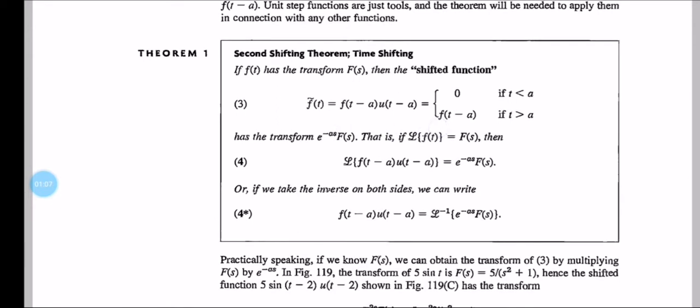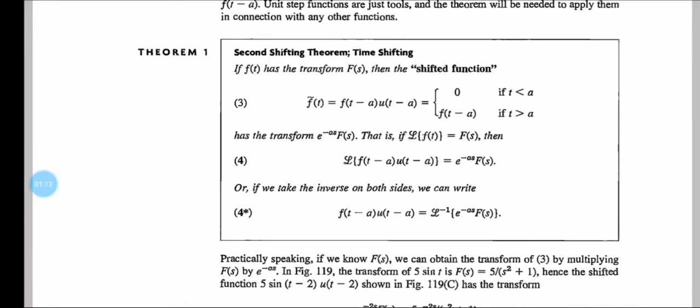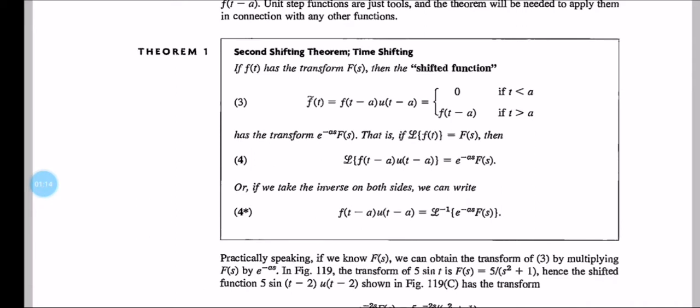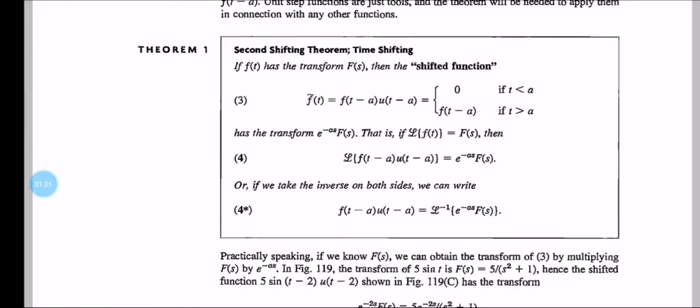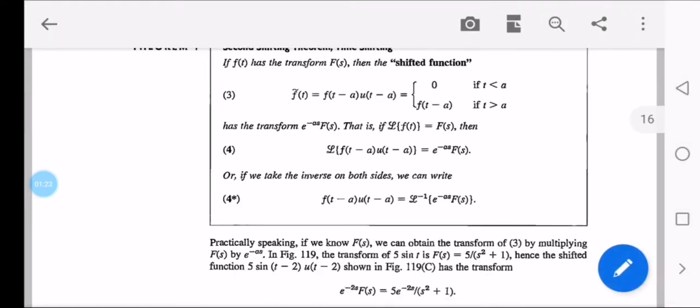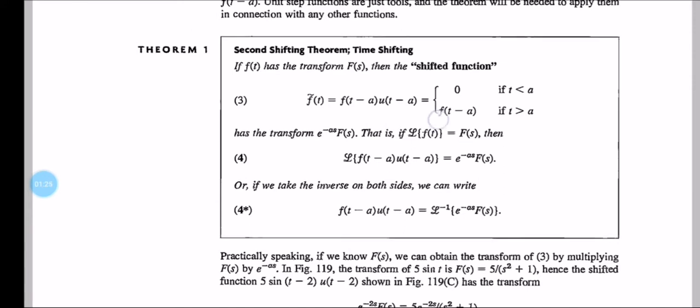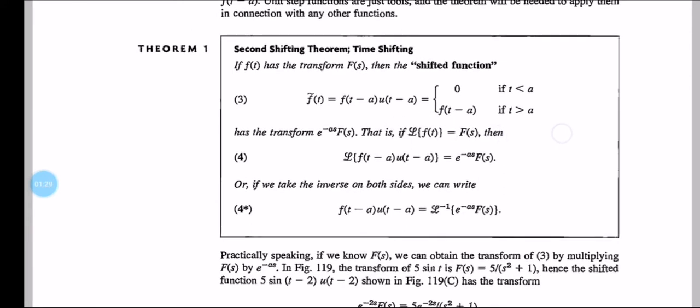This is equal to 0 if t is less than a, because u of t minus a is 0 if t is less than a, so the total function will be 0 if t is less than a. And if t is greater than a, then u of t minus a is 1, so this is f of t minus a if t is greater than a.